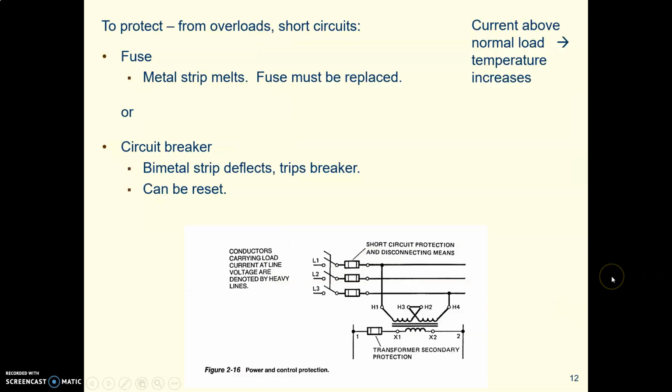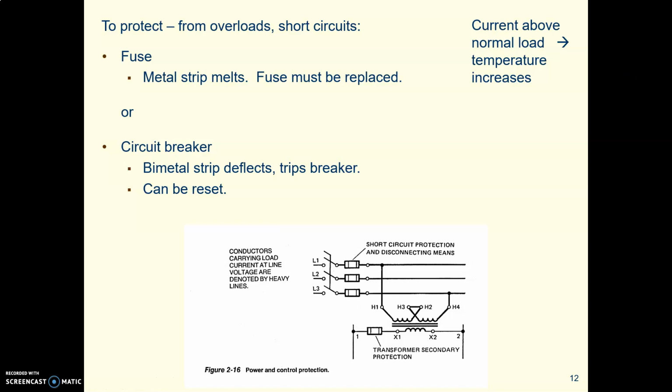Then the other kind of protection device is either a fuse or a breaker that protects the circuit from getting too hot. So there may be too much current flowing through and things are going to get hot. Or there might be a short circuit and things are going to get hot. In either case, as you see in this explanation up in the corner, too much current or a short will cause temperature to rise.